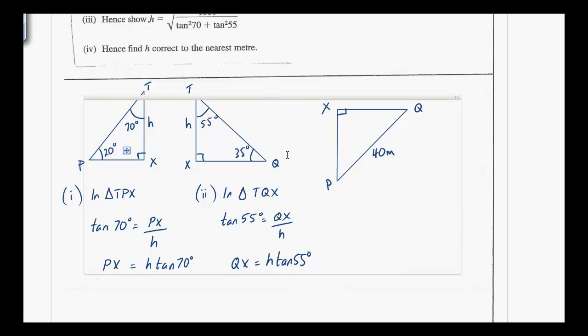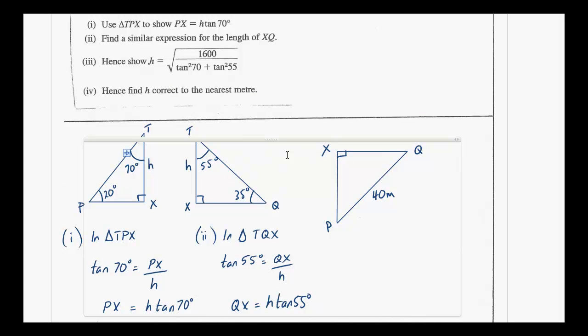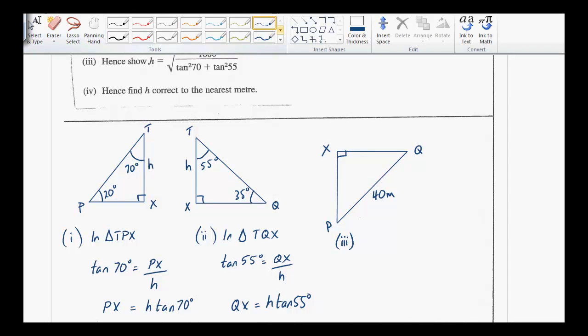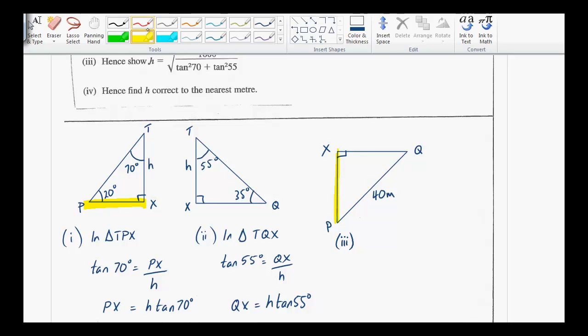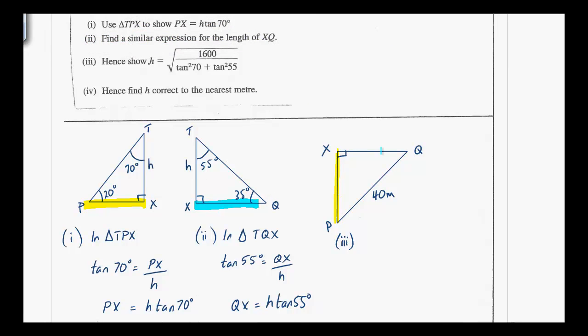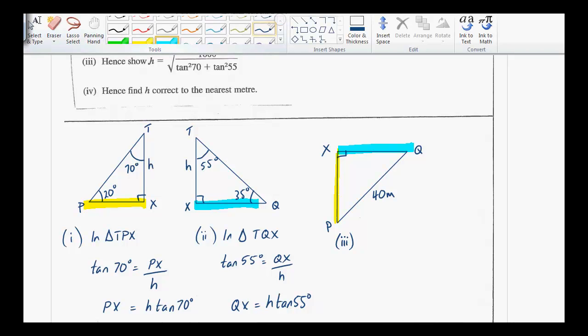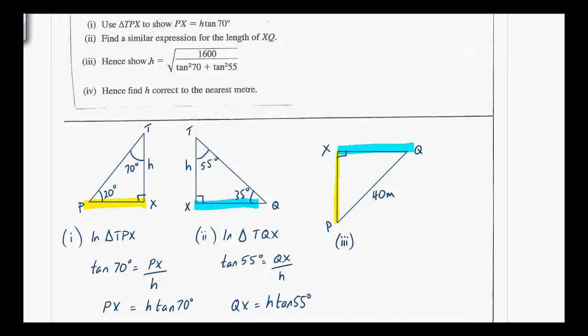Part 3 is hence show that H is given by that expression there. So part 3 is now relating the side that we found, PX, which is now this length here, and QX, which is now this side of the diagram. And we have our third side, 40. Since we have a right angle triangle, it makes sense to use Pythagoras for this question.